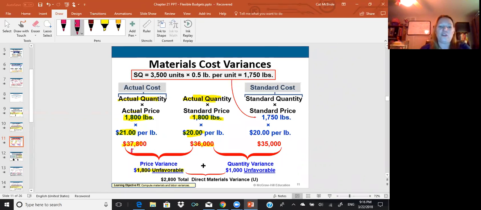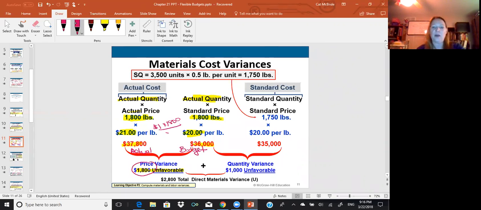So this is like actual, and this is our budget. So what we really have is this $1 times 1,800 pounds gives us this $1,800 unfavorable price variance.